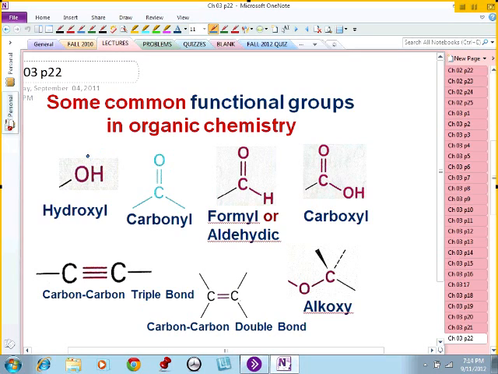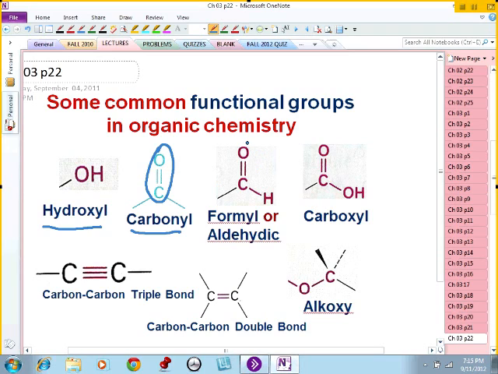Anytime you have an oxygen attached to a hydrogen, we call this a hydroxy group. Anytime we have a carbon-oxygen double bond, this group right here, we call it a carbonyl group. So you are going to be hearing us using carbonyl, hydroxyl, and all that.